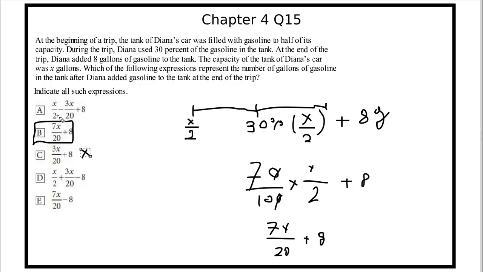To solve this, I would say 2 times 20, which is equal to 40.